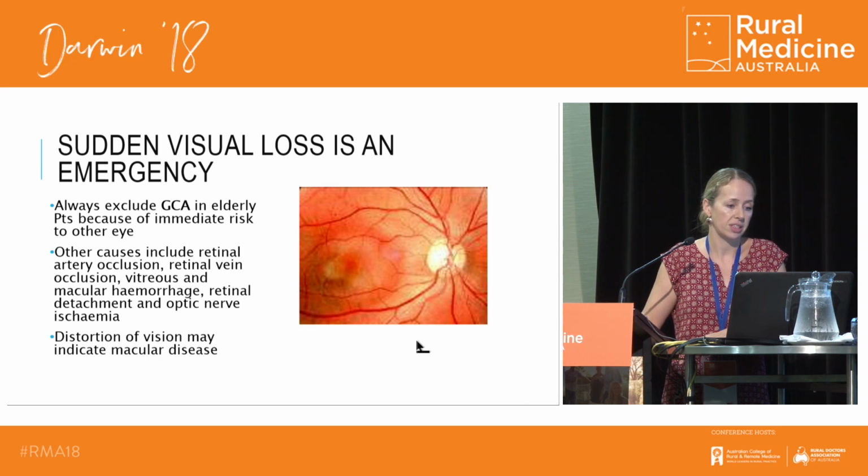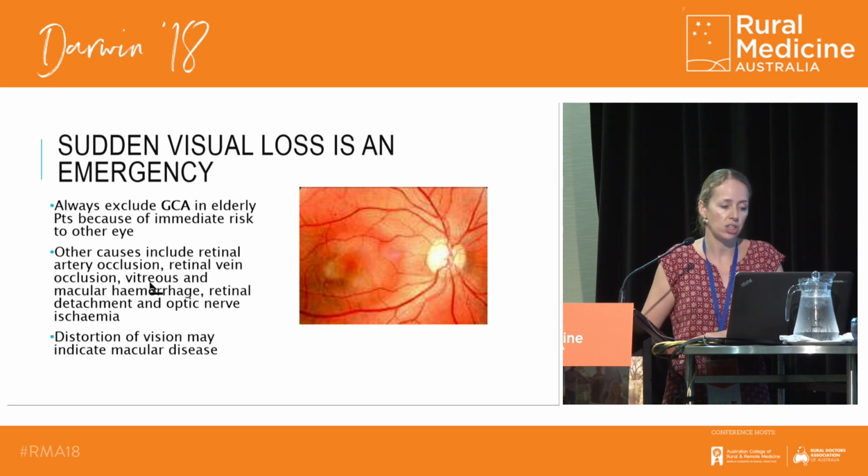And again, just emphasizing the GCA, you have to think about it and send off ESR, CRP, full blood count for more patients than you actually need, to pick up the ones that actually have GCA. You should be sending off bloods for 8 or 10 patients to pick up one that actually has it, to make sure you catch them.